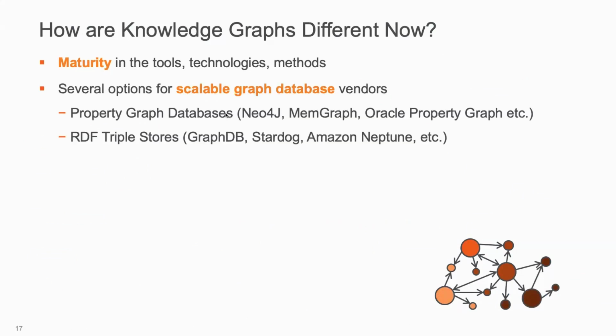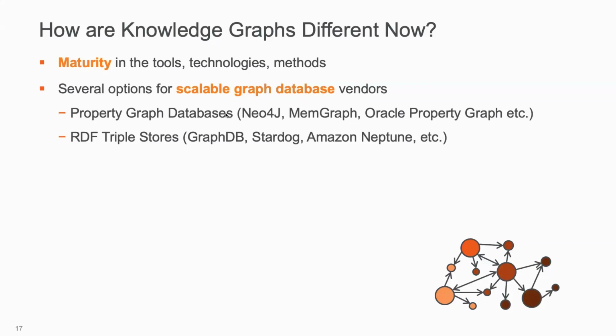There are several different graph database vendors available. And here I would like to make a distinction between property graphs and the semantic web-based knowledge graphs that I mentioned. Property graphs are a different way of creating knowledge graphs. There are property graph databases like Neo4j, Memgraph, Oracle property graph, etc., that create these property graphs, and they're also often considered knowledge graphs.